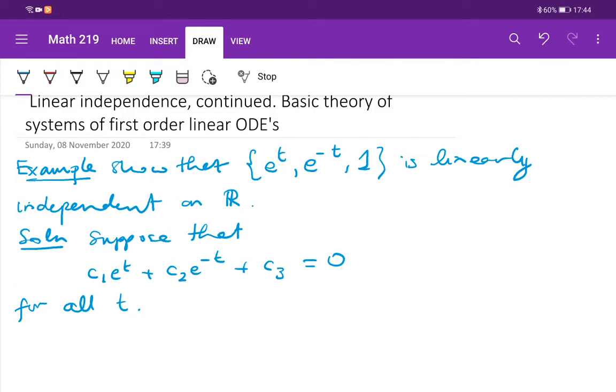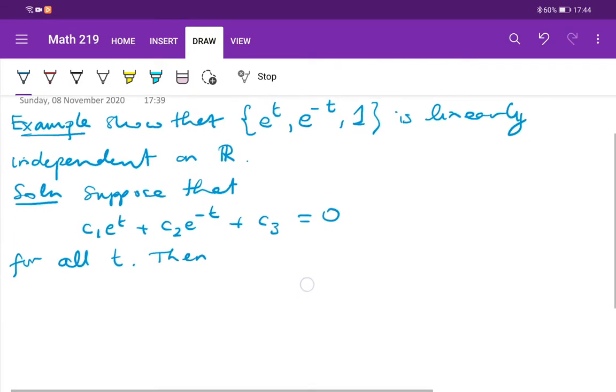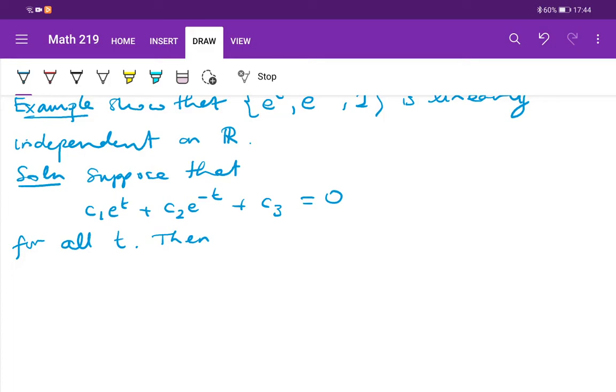Okay, so if this equation is equal to 0 for every t, then certainly if we pick 3 values of t, for example, at t equals 0, it must be 0, so you have C1 plus C2 plus C3 equals 0.